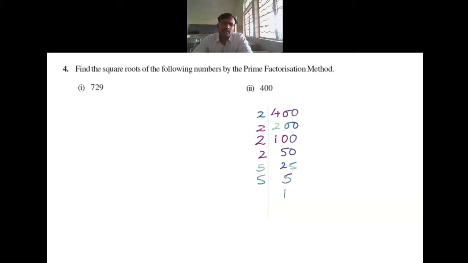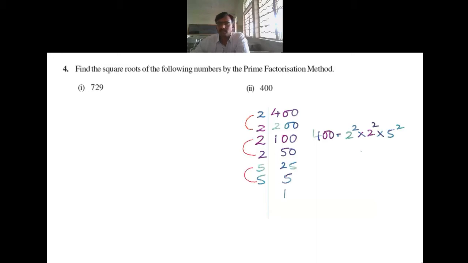After doing this prime factorization, we need to write 400 as 2 square into 2 square into 5 square. It is because here we have one pair, second pair, third pair.